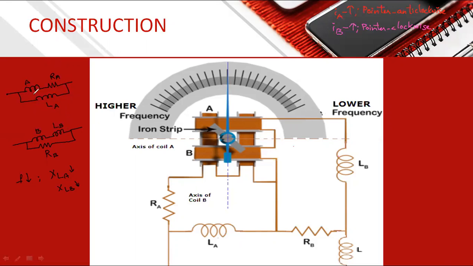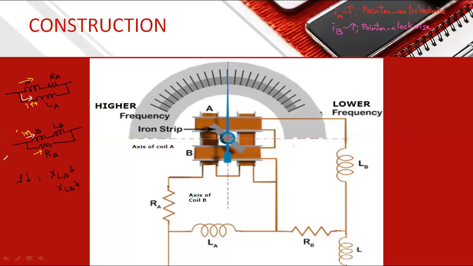So you will have large amounts of current flowing through LA instead of through this path, and here we'll have large amounts of current flowing through LB instead of this path. You can see that yellow shows small amounts of current and white shows large amounts of current. So this current is higher and this current is higher.